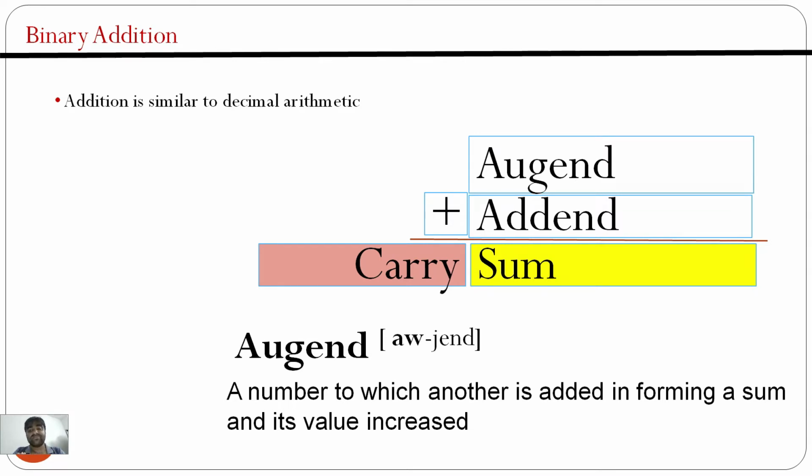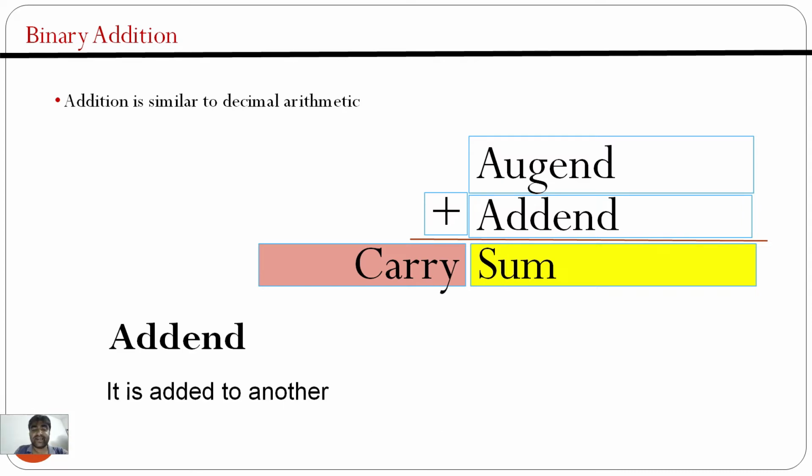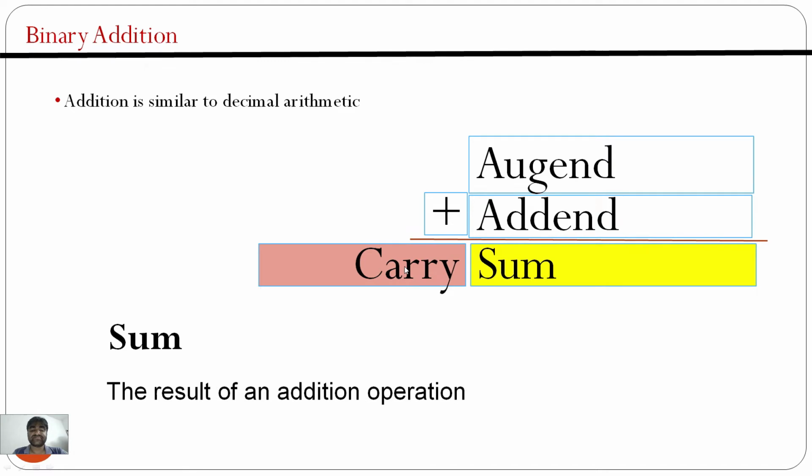So the sum is 6 and the carry will be 1. The addend is added to another, so the value of the addend is added to the augend and it forms the sum and carry.